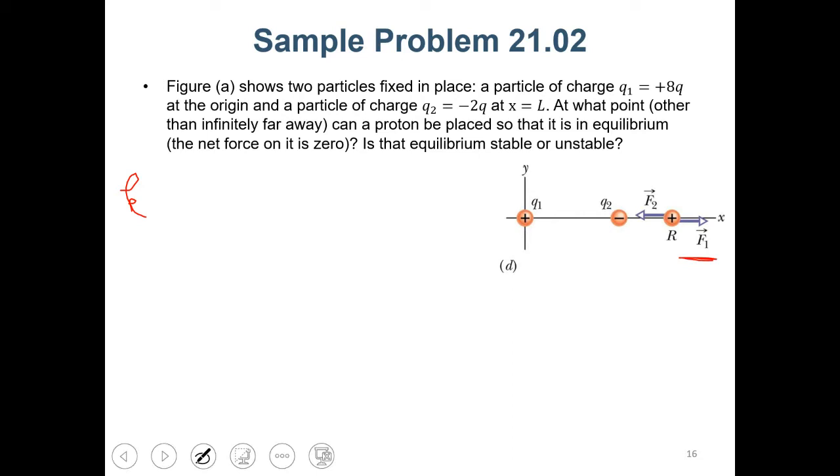F1 is K times Q1, which is 8Q, times the charge of the proton, which we denote as QP, or sometimes we just write it as small e. Usually in this course, e refers to the elementary charge, which I will explain sometime later today.